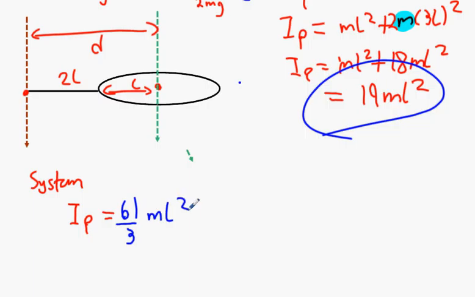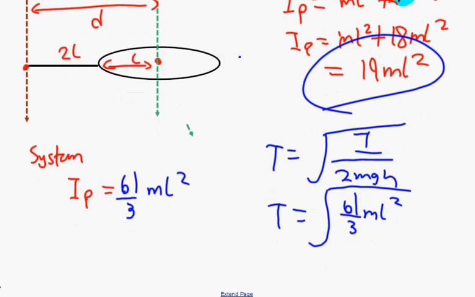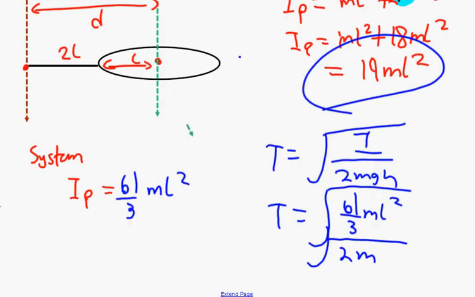Now we're on to the periodic time. We've already figured out the h of the system, so T equals 2π times the square root of I over 2mgh, and T therefore equals your I, which is 61 over 3 ml squared, all divided by 2mgh. Now what did we say h was again? 7L over 3. Worked it out at the very beginning.